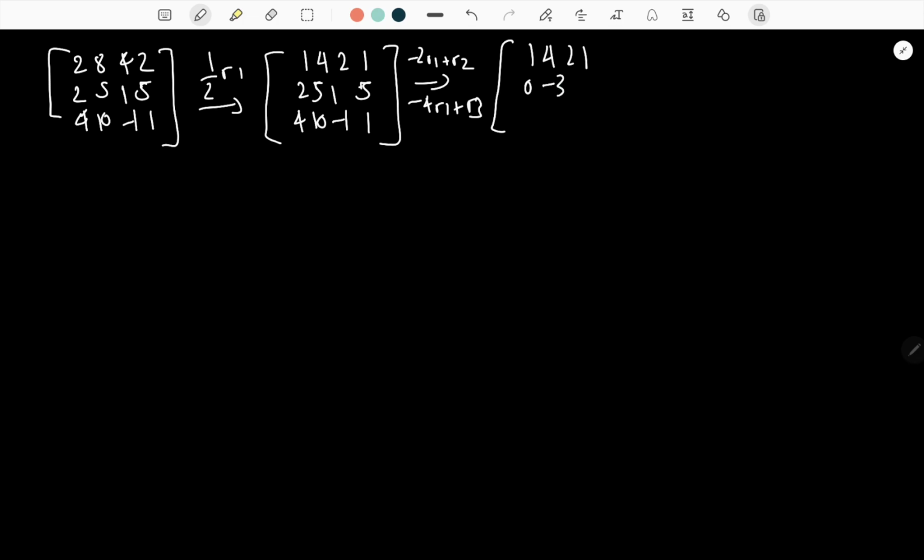Again, be very careful when you're doing this mentally, or use your calculator if you can. And the last row is 0 minus 6 minus 9 minus 9, and then minus 3.